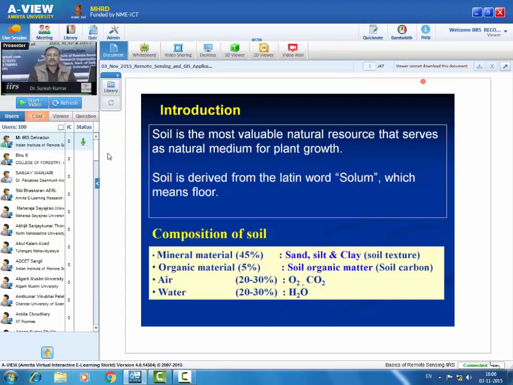Then the third constituent is air, 20 to 30%, in the form of oxygen, which is required for bacterial and fungi growth and root respiration, and carbon dioxide, which is liberated by respiration. Then water, the remaining 20 to 30%. So soil is composed of mineral matter, organic matter, air and water, and that governs the physico-chemical properties of the soil.